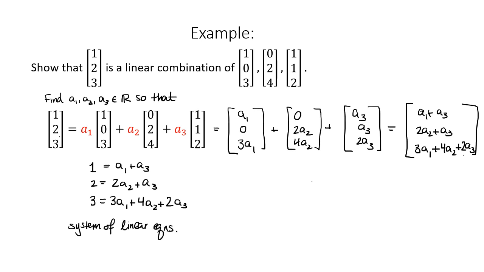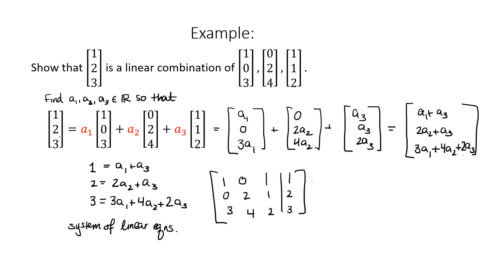We are going to put these into a matrix where our augmented column is 1, 2, 3. We're going to have an a1 column, so that's going to be 1, 0, 3, then 0, 2, 4, then 1, 1, 2. And we're going to augment by the vector 1, 2, 3.